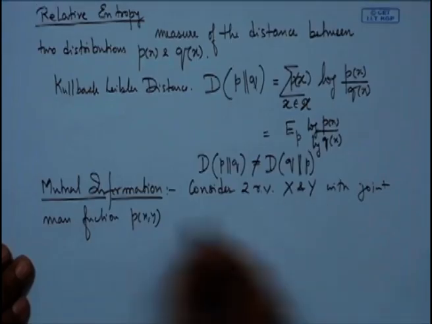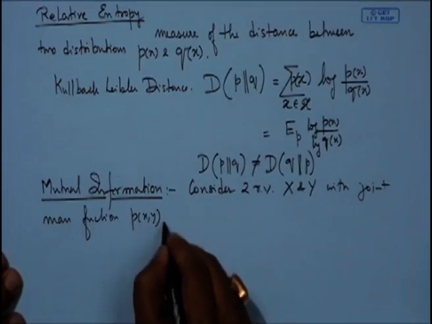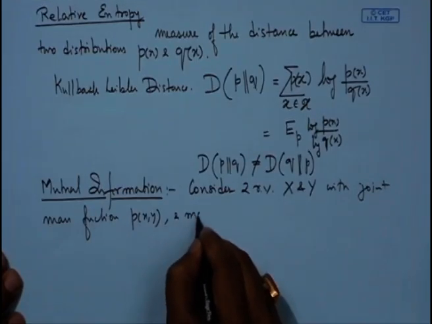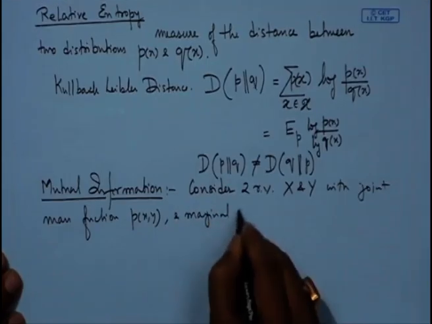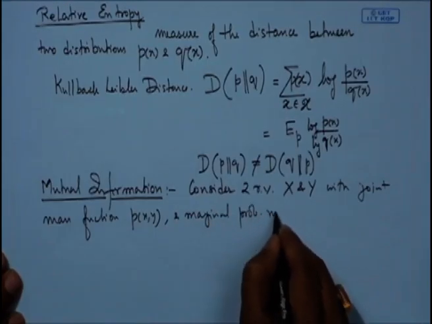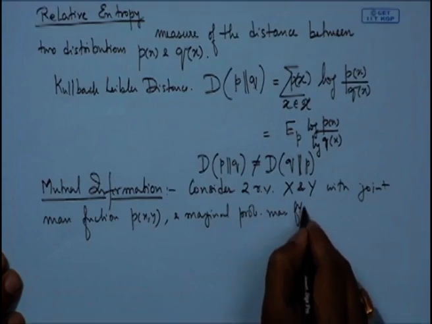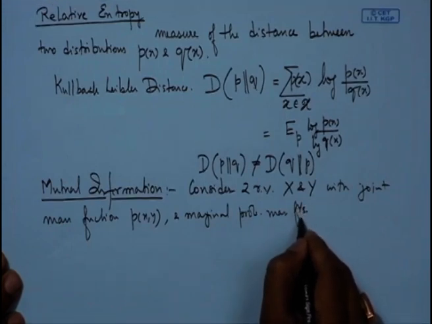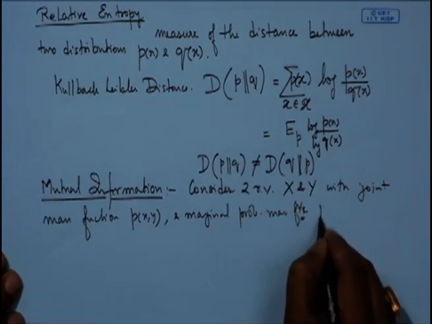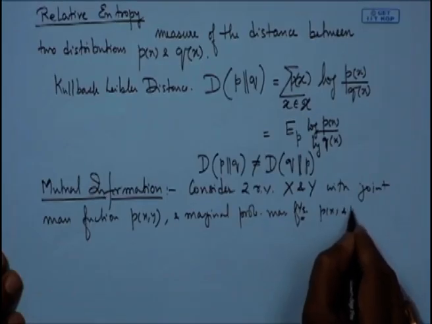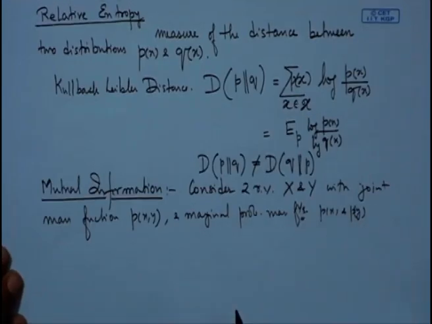We are talking about discrete random variables, therefore we are talking about mass functions and marginal probability mass functions. I would write in short P of x and P of y. So this is the notation that we have been using.